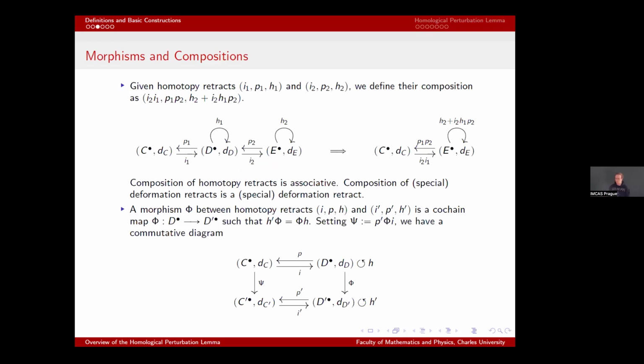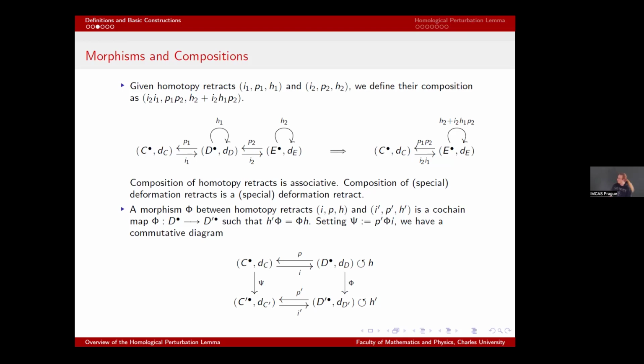Okay, so homotopy retracts admit many basic operations. Given two homotopy retracts, we can obtain the composition homotopy retract, where the maps I and P are obtained as compositions of the maps I and P from the two homotopy retracts we start with, and the homotopy on the resulting homotopy retract is constructed like this.